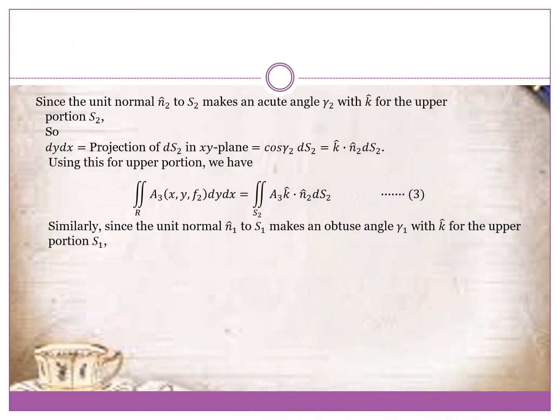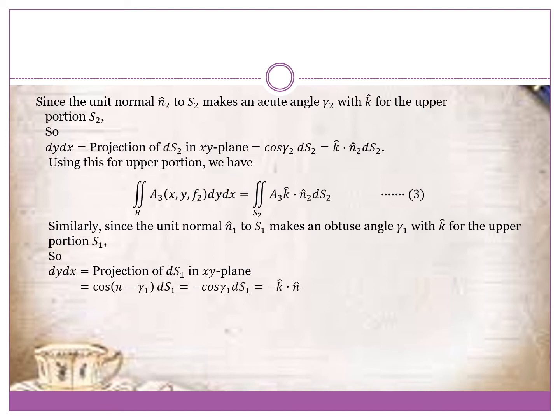Now dy dx is equal to the projection of ds1 in the xy plane, which is equal to cos of pi minus gamma 1 ds1, and cos of pi minus gamma 1 can be written as minus cos of gamma 1.